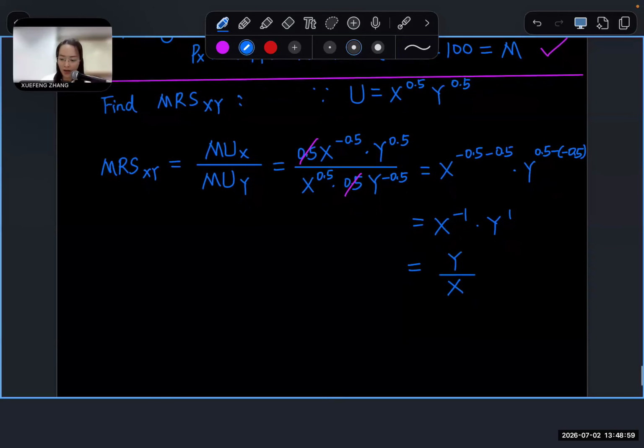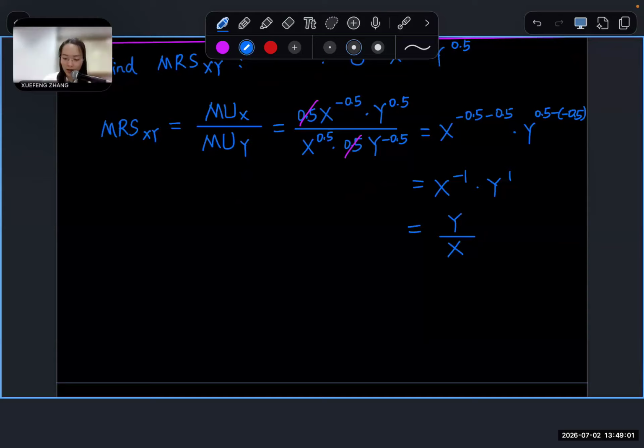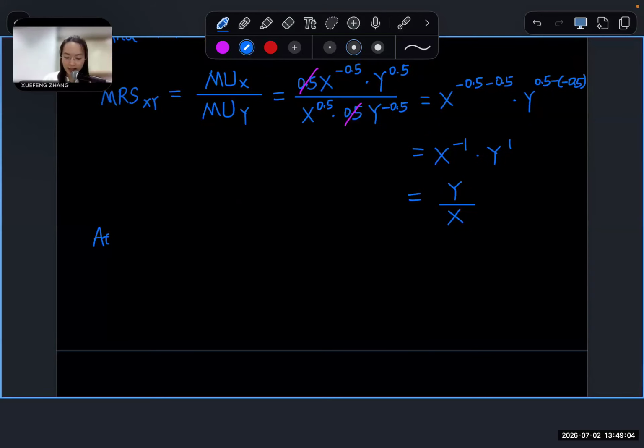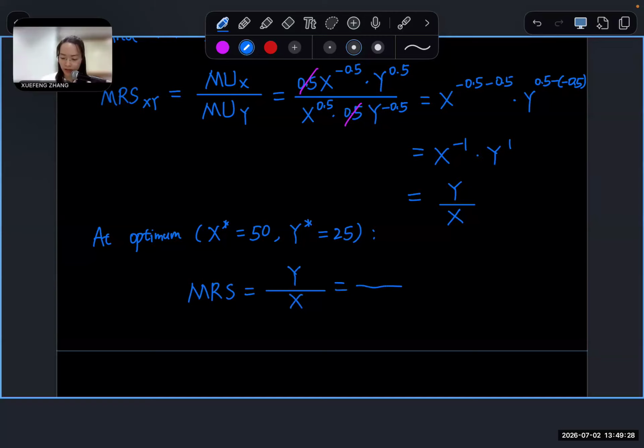This is our MRS. And we also know that at the optimum, x star equals 50, y star equals 25. So now MRS equals y over x, which means 25 over 50, which is 1 over 2.